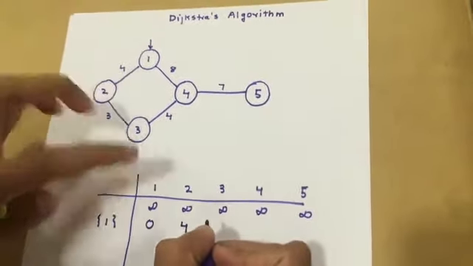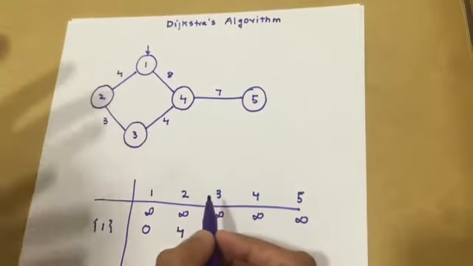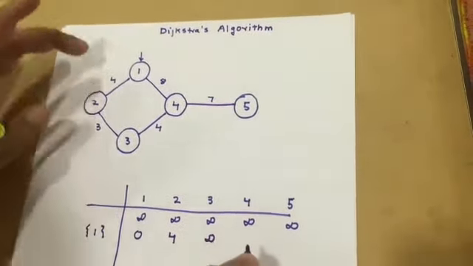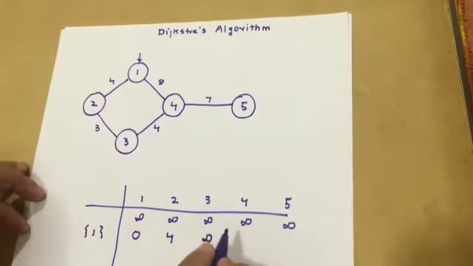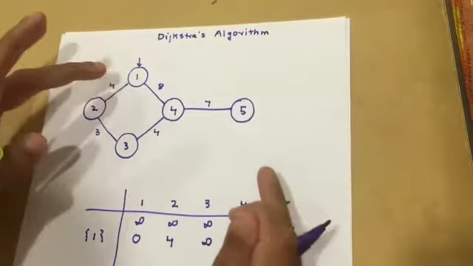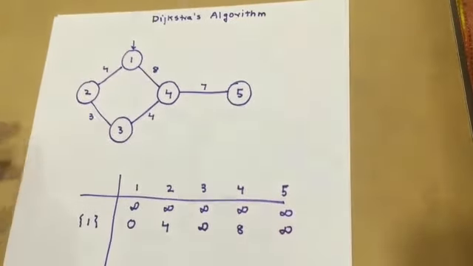Since 1 and 3 are not directly connected, there is no distance between 1 and 3, so we're going to name it infinity. 4, now 1 is directly connected to 4, so the distance between 1 and 4 will be 8. 5, is 1 connected to 5? No. So again, the distance will be infinity.